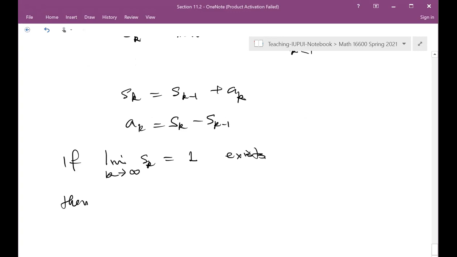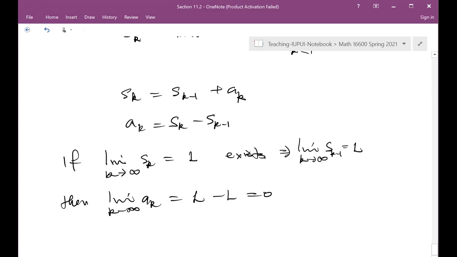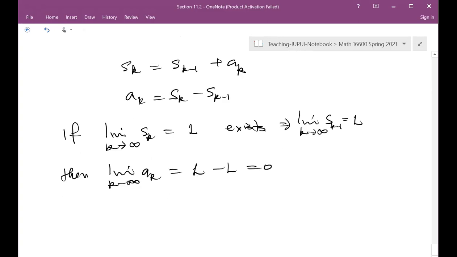The k-th term is the limit of the first term, which is L, minus the limit of the second term. This also implies the limit as k approaches infinity of S_(k-1) is also equal to L. So L minus L should be 0. So the k-th term must approach 0.